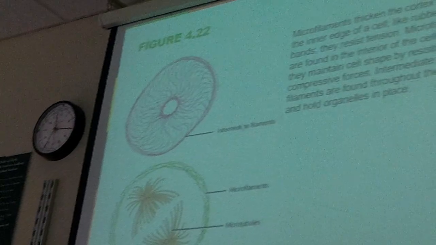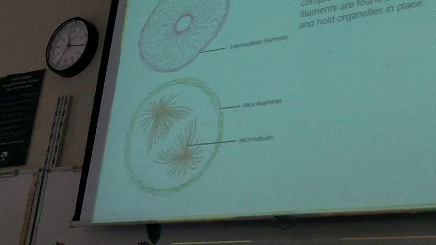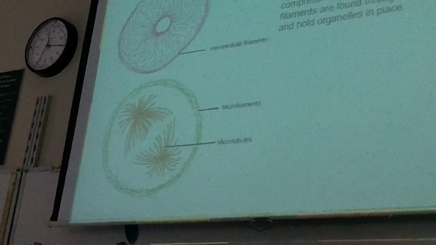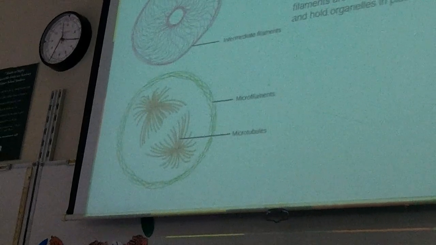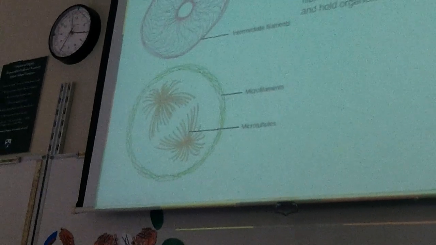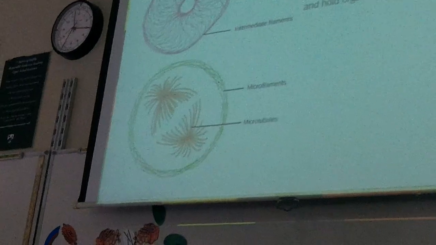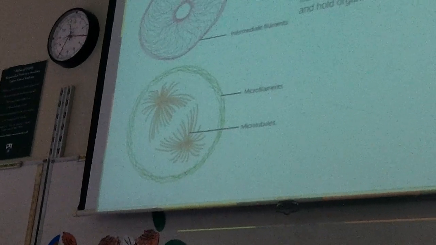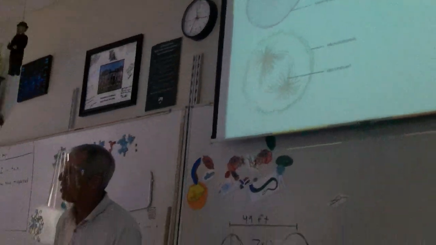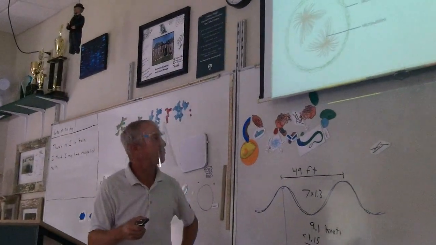Smaller than intermediate filaments are called microfilaments. They're a lot smaller. Here, this shows the different types of cytoskeleton that's involved in cell division. You all remember when cells are dividing?